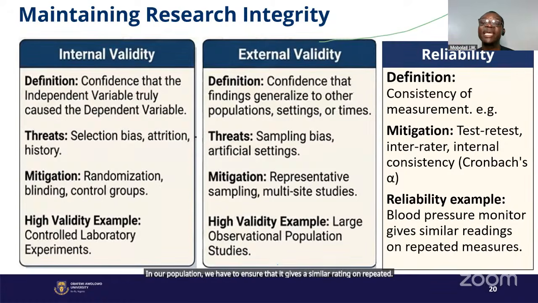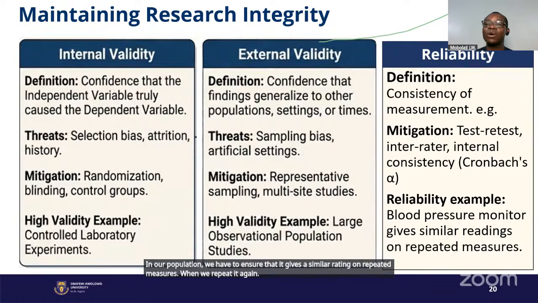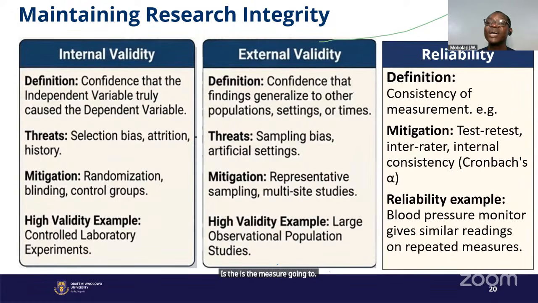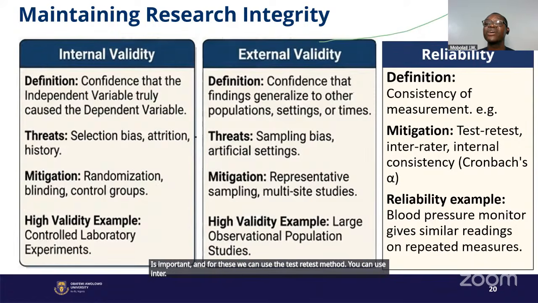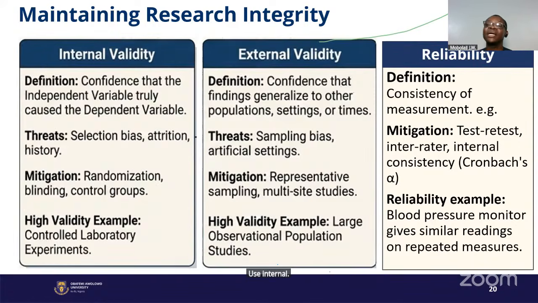When we repeat it again, is the measure going to be the same with what we have previously? So consistency is important. Internal consistency is important. And for this, we can use a test-retest method. You can use inter-rater approach. You can use internal consistency to look at all of this to measure our reliability.